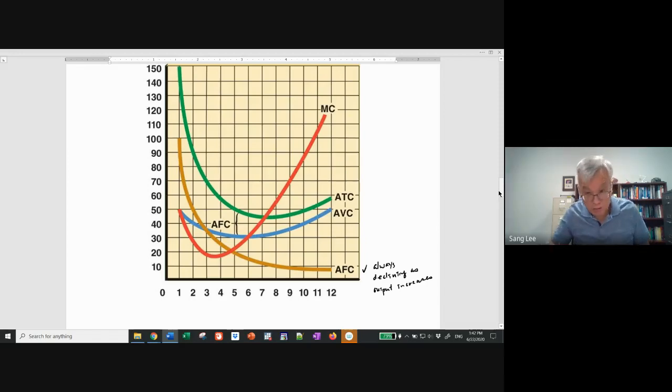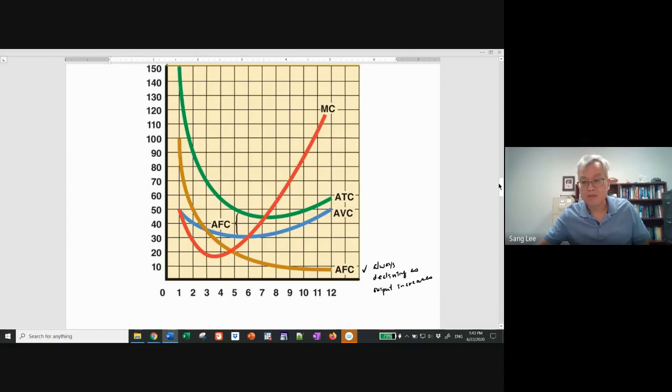And marginal cost as well has a U shape. So marginal cost was first declining as you produce more output, then beyond a certain output level, it starts rising again. So it has a somewhat U shape, okay? All right, so just remember that this is a lot more general than the example that we discussed earlier.